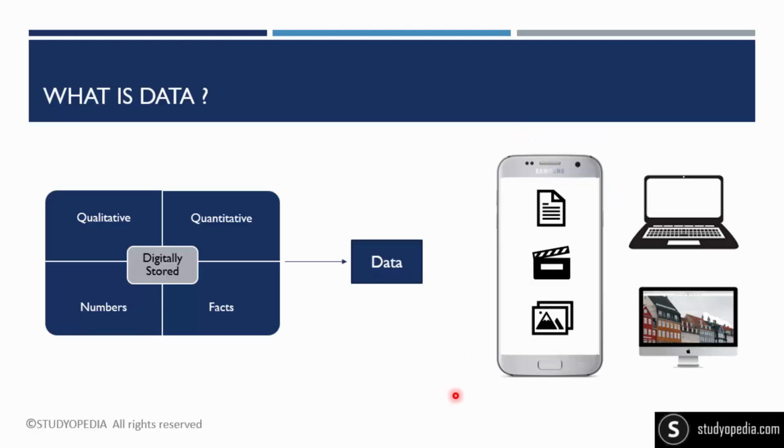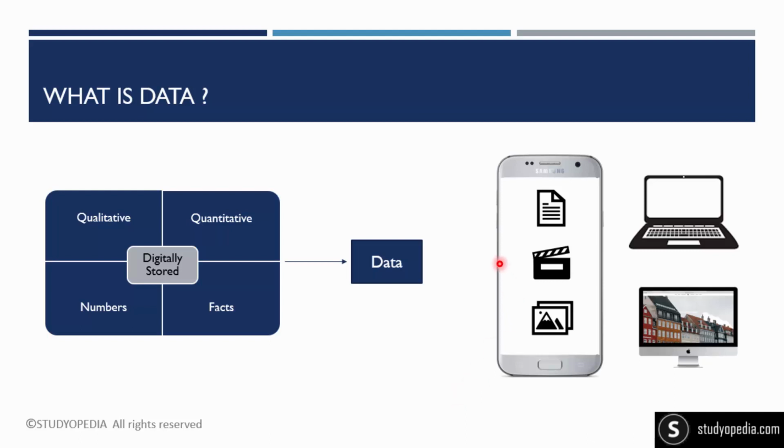Let's move further. At first, guys, we'll be focusing on what is data, why everyone is discussing data these days, and what is data science. We'll also discuss that. So data, you can say any qualitative, quantitative numbers and facts which you can store digitally is known as data. For example, you have your mobile phone.